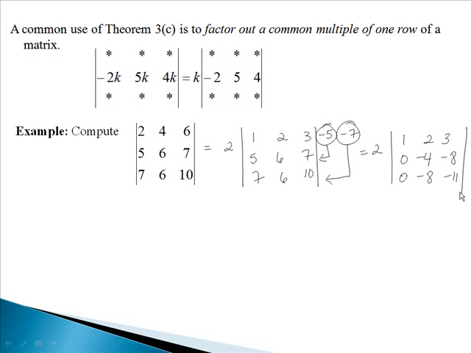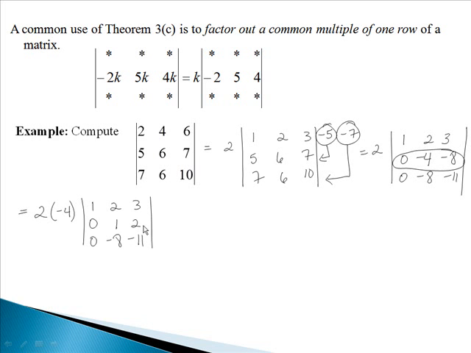Now notice that we could factor out a -4 from my second row. So I've still got my 2, I factor out a -4, and I take the determinant of 1, 2, 3, 0, 1, 2, 0, -8, -11.